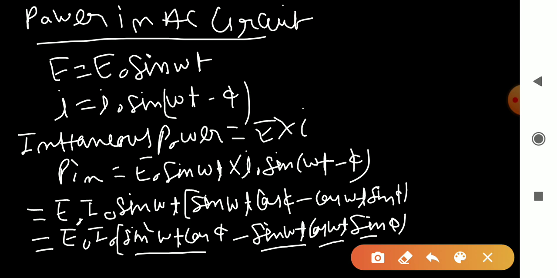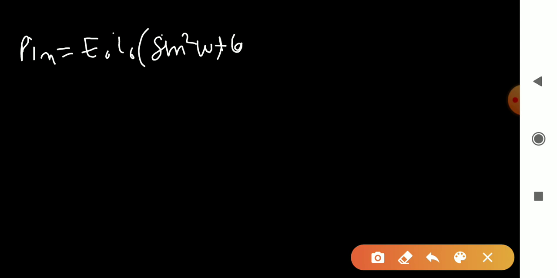Or we can write this as P instantaneous is E naught I naught sin square omega t cos phi minus 1 by 2 sin 2 omega t sin phi.